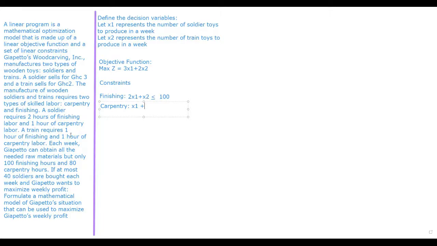So the carpentry labor for manufacturing a soldier toy is 1 hour per product. You get it? Then when you are manufacturing the train toy, that requires 1 hour of carpentry labor. So that 1 times X2, 1X2, is the same as X2.